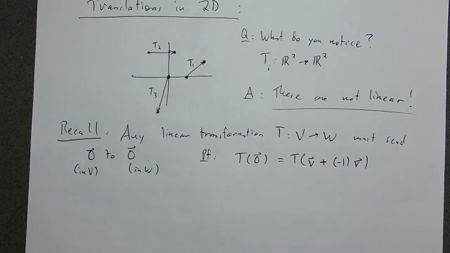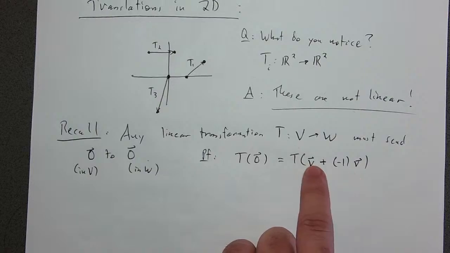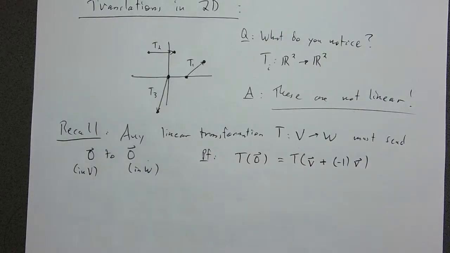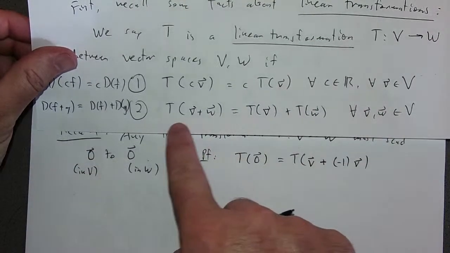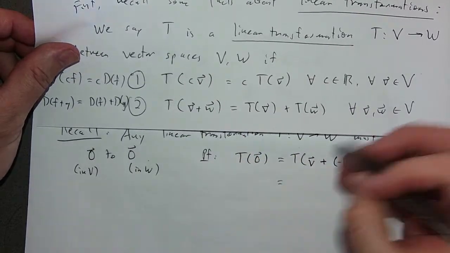This is true. If you take any vector in a vector space and add to it the scalar minus 1 times the same vector, you get the 0 vector, right? That's one of the definitions of the 0 vector. Okay, but by linearity, where's my, there it is. What is this?